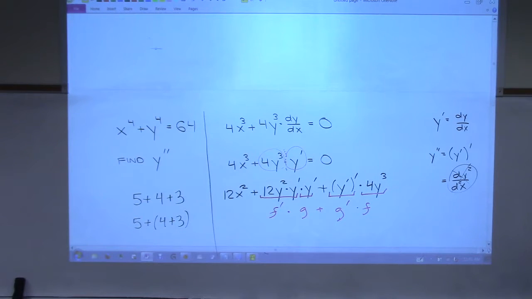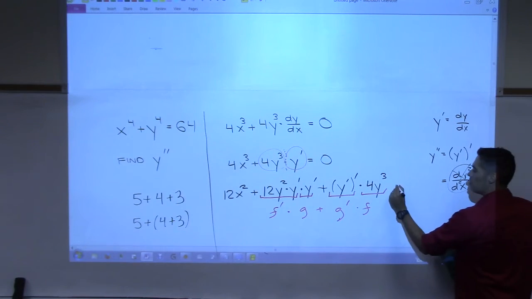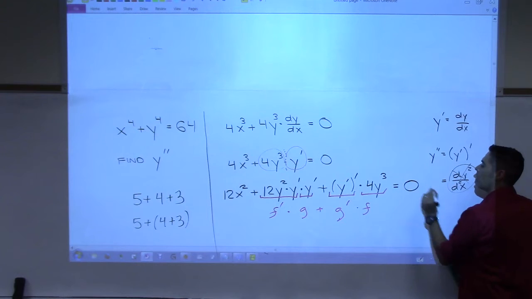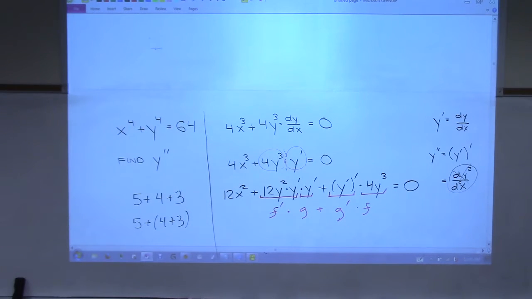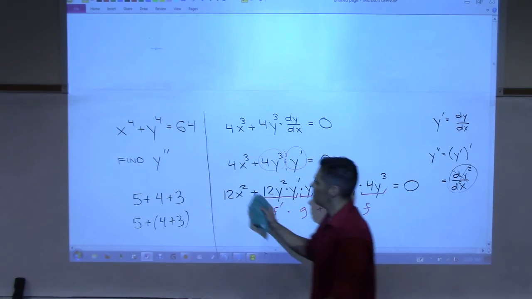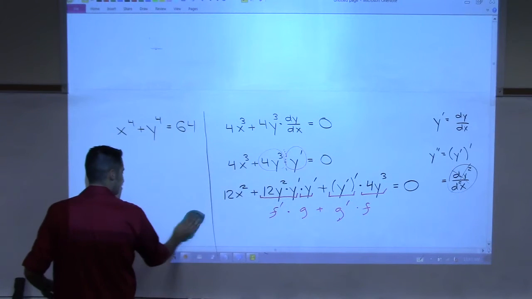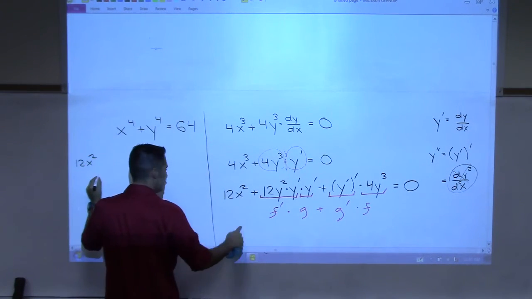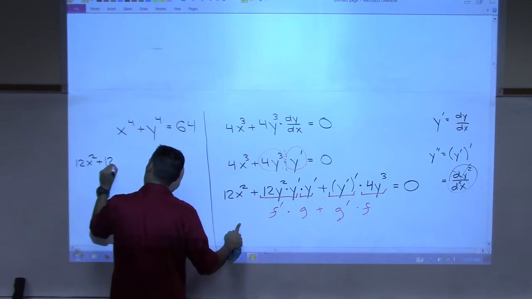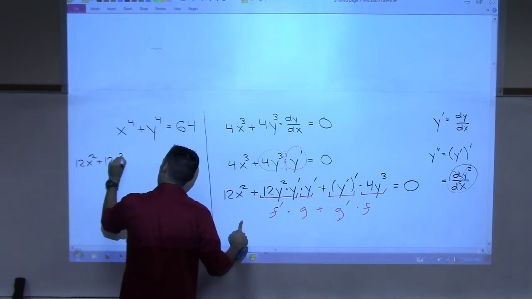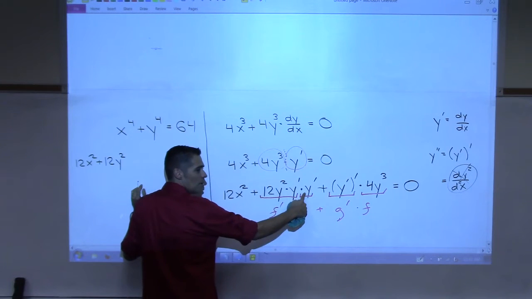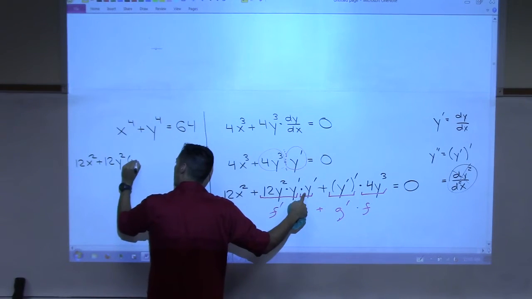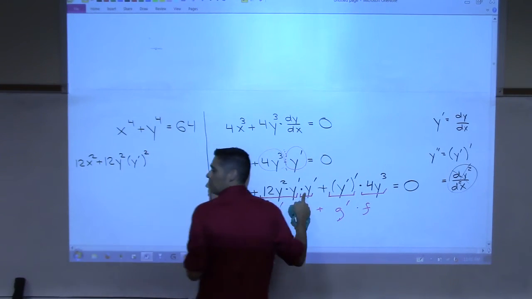All right, we good? Equals, right? Still need equals. Equals what? 0. The derivative of the right side is 0. All right, I'm going to try and clean that up. Here's what I have. I have 12x squared plus 12y squared, and then y prime times y prime, which I'm going to write as y prime squared, because that's what it is.